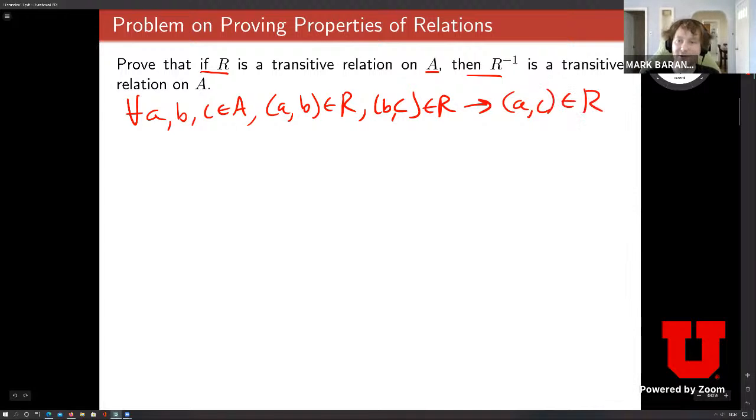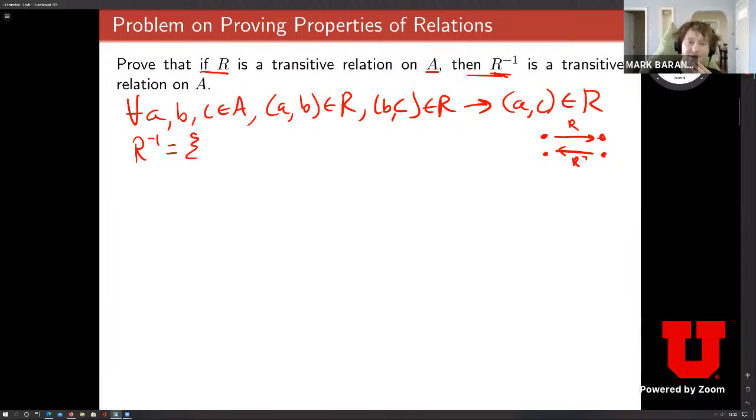And does someone want to remind me of what our inverse means? So our inverse flips the arrows around, right? So if this were my relation, our inverse would look like this.